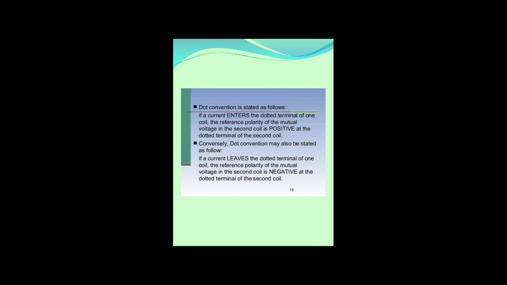Conversely, dot convention may also be stated as follows. If a current leaves the dot terminal of one coil, the reference polarity of the mutual voltage in the second coil is negative at the dotted terminal of the second coil.